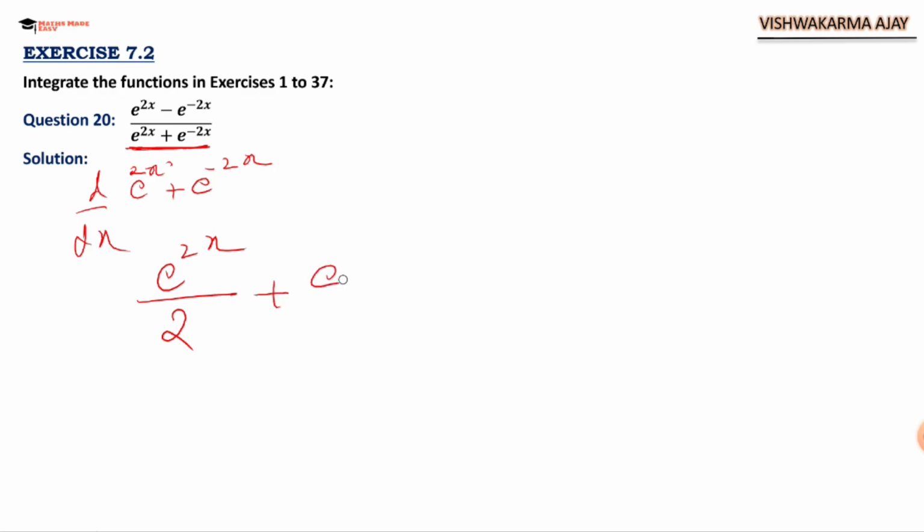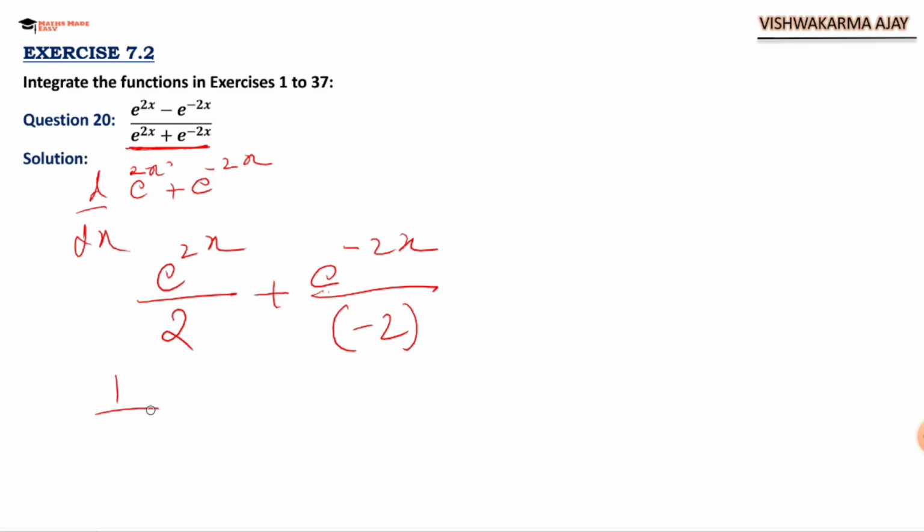A similar kind of question. You can see the derivative is available for this one. Since this is e raised to 2x plus e raised to minus 2x, when you write d upon dx of this, it is e raised to 2x divided by the derivative of 2x, that is 2, plus e raised to minus 2x divided by the derivative of minus 2x.